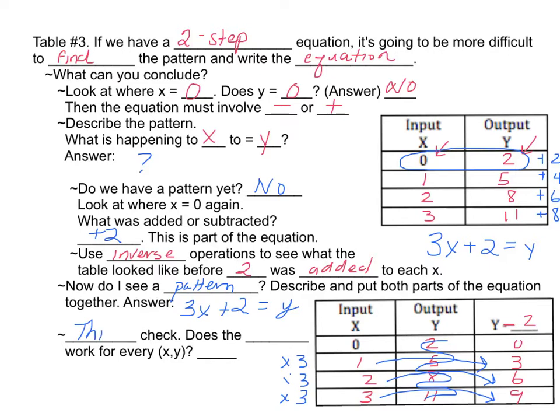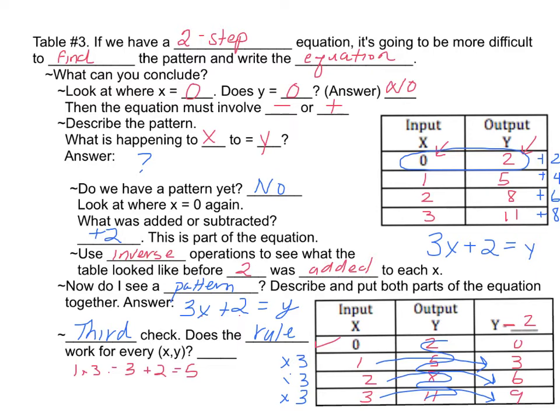So third, we are going to do our check step, and we want to see, does the rule work for every xy? So let's see. If I take 0 and multiply it by 3 and add 2, that gives me 2. So it works there. If I take 1 times 3, that gives me 3, plus 2 is 5.